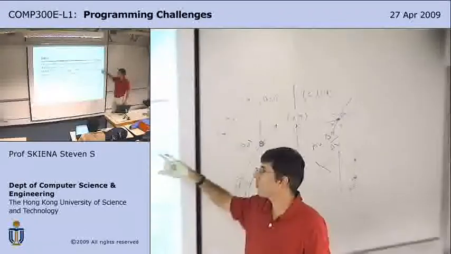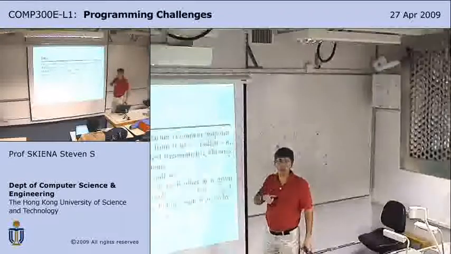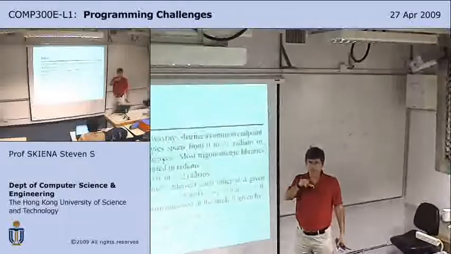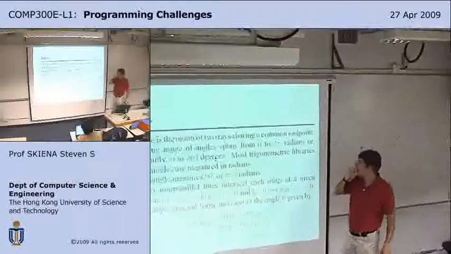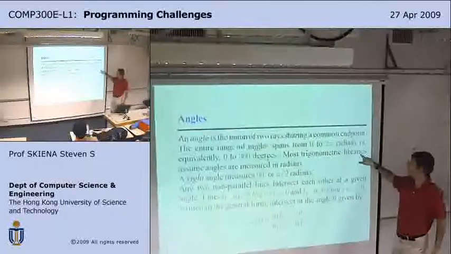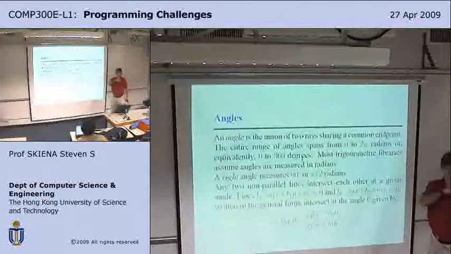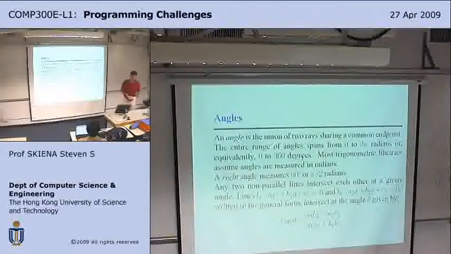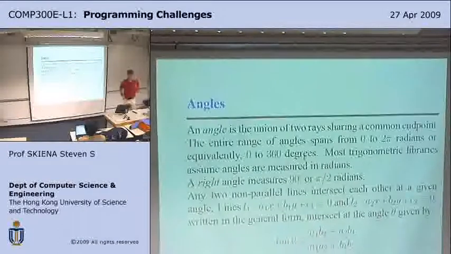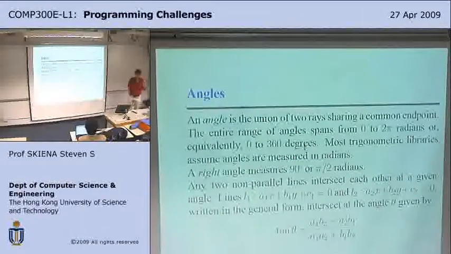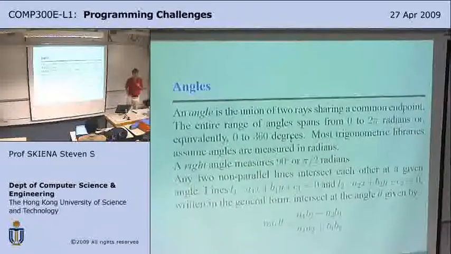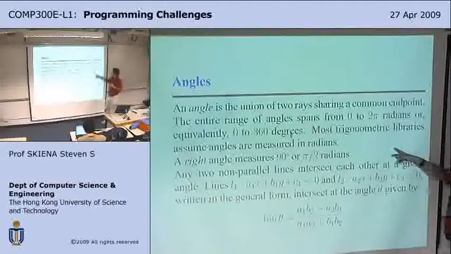Which is better? If you can convert between the two of them, it doesn't really make much difference. On the other hand, most trigonometric libraries use radians. So when you do your computations, you should make sure you know what your library is using. Usually it uses radians.